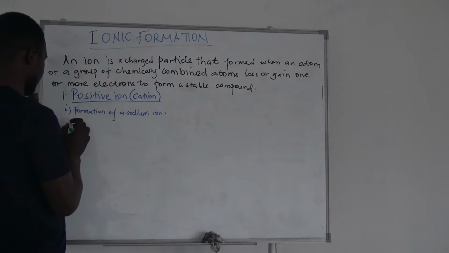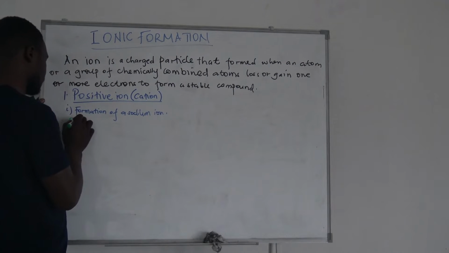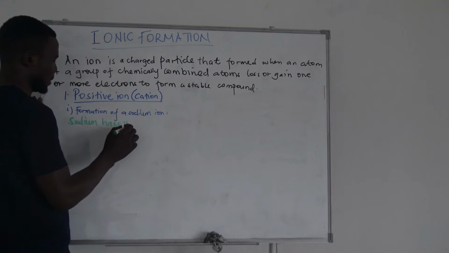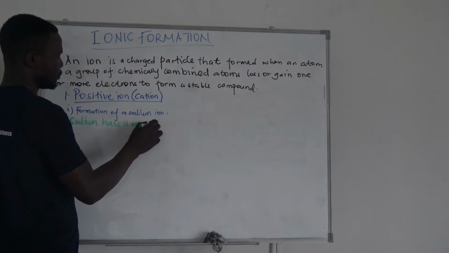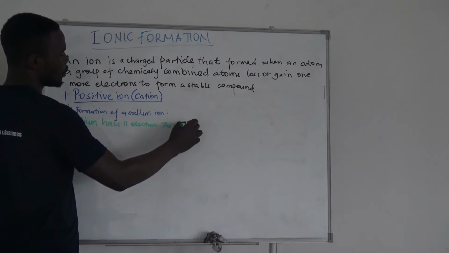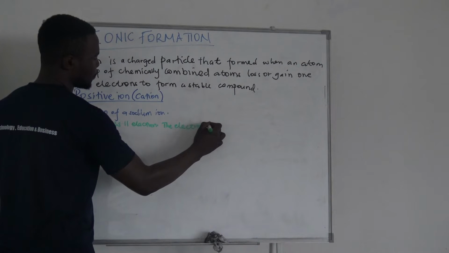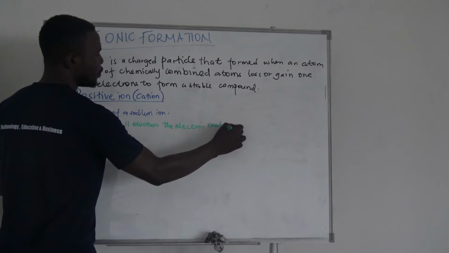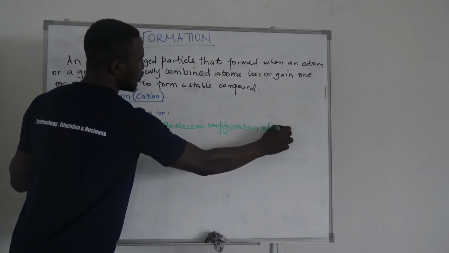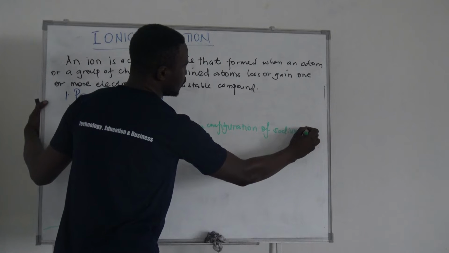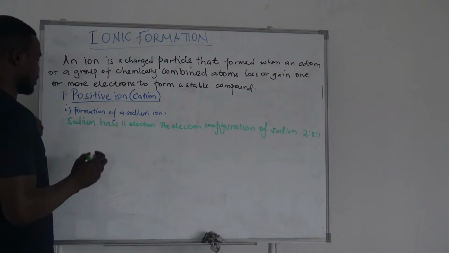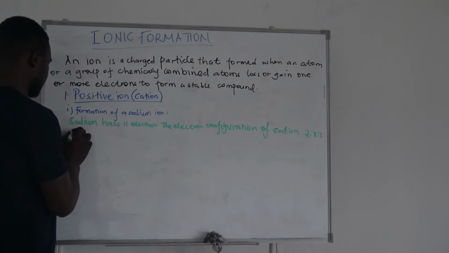Sodium has 11 electrons, so the electronic configuration of sodium is 2, 8, 1.